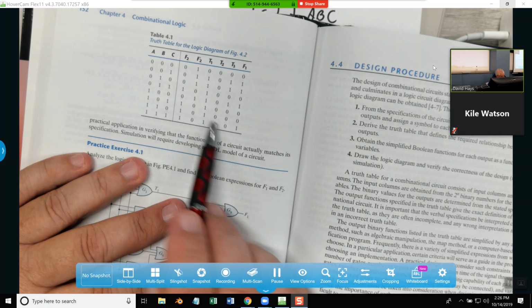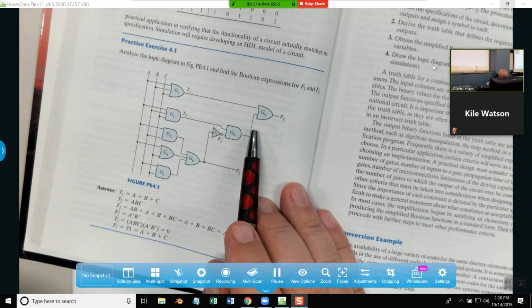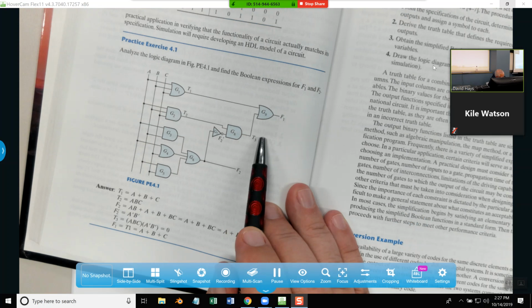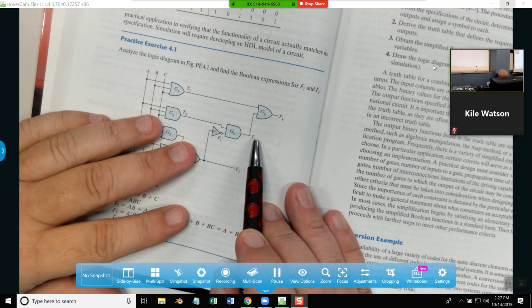Okay, so this says analyze the logic diagram and find a Boolean expression for F1 and F2. We'll start with F1.